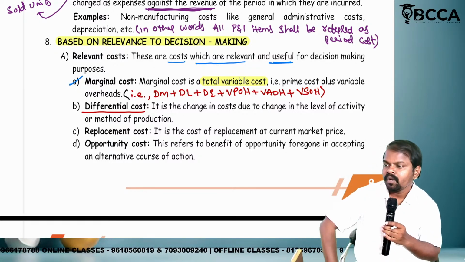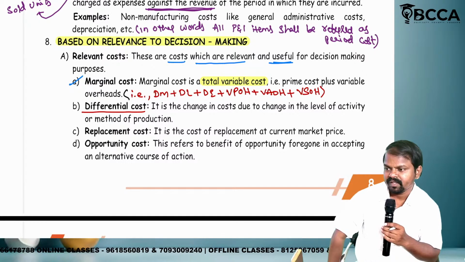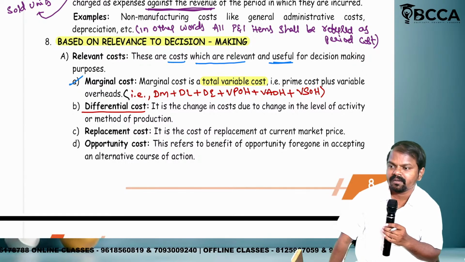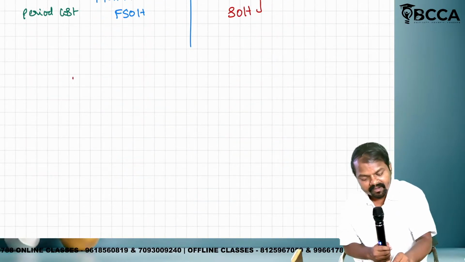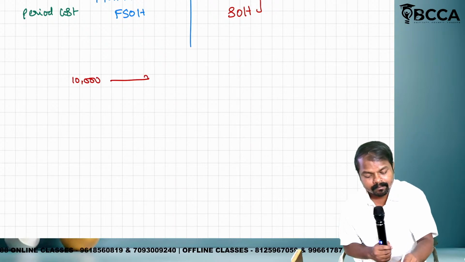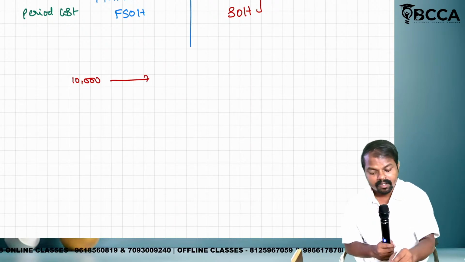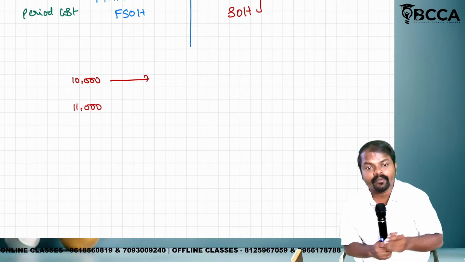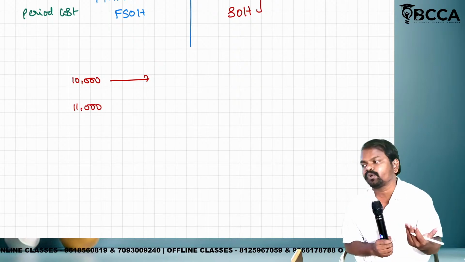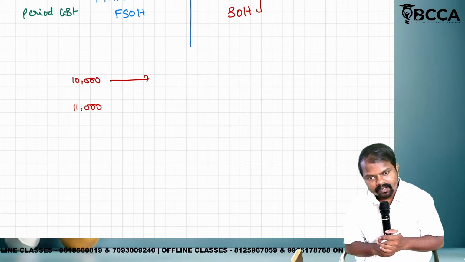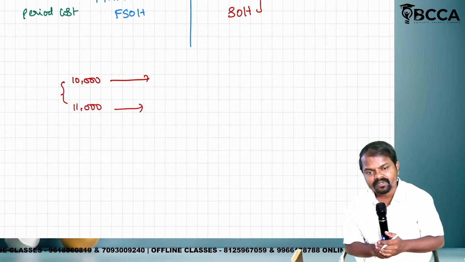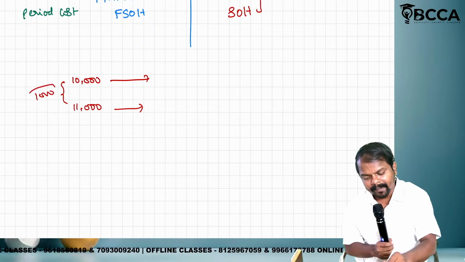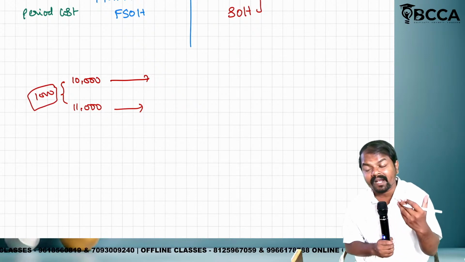In one month we are producing 11,000 units, for a special month to meet extra demand. What is the extra units we produce? 1,000 units you manufactured extra.